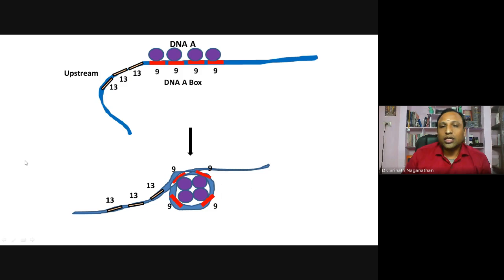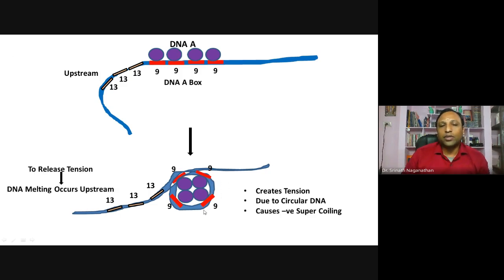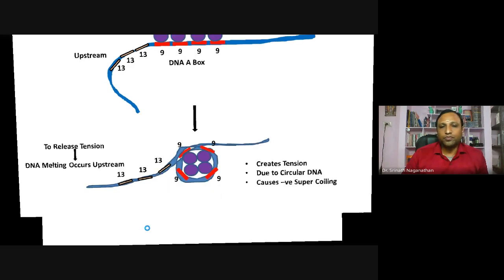Due to this, it creates tension, and due to the circular DNA causing a negative supercoiling, to release this tension in the upstream of this particular location, DNA melting occurs in the sequences.